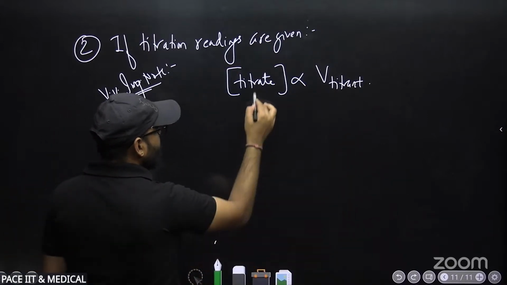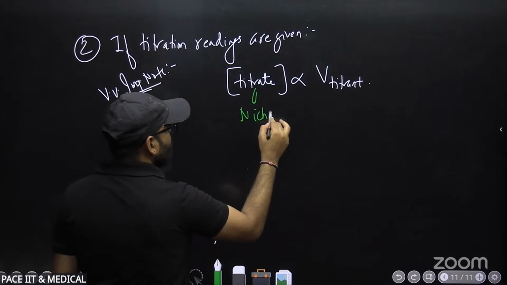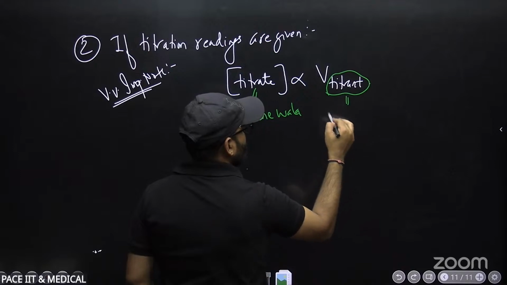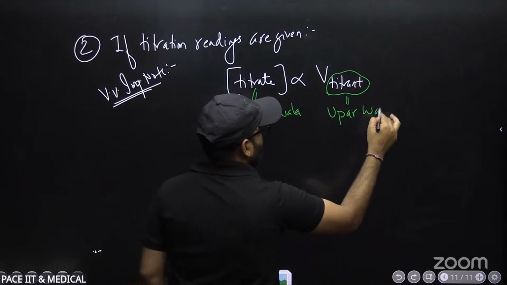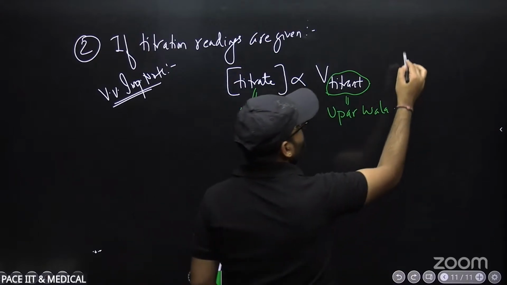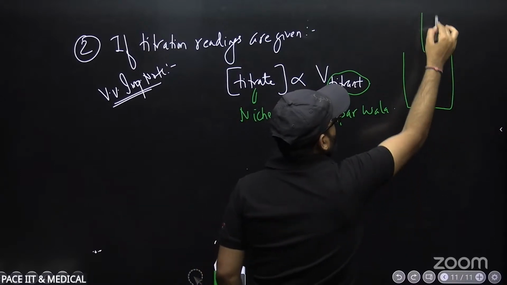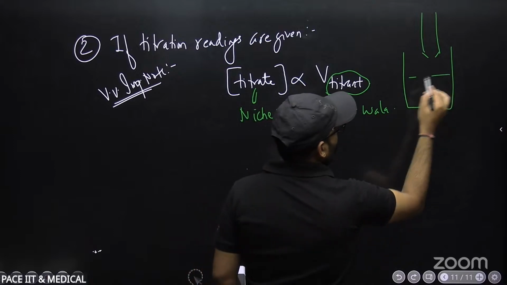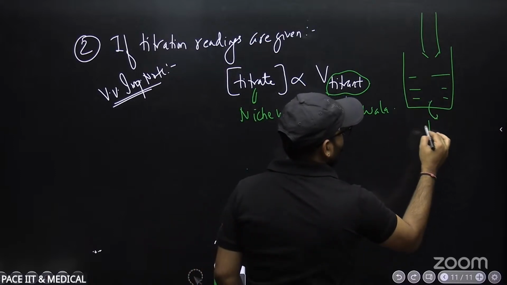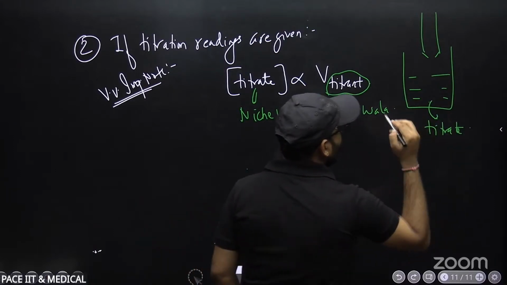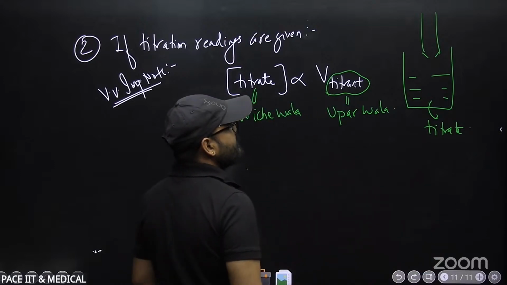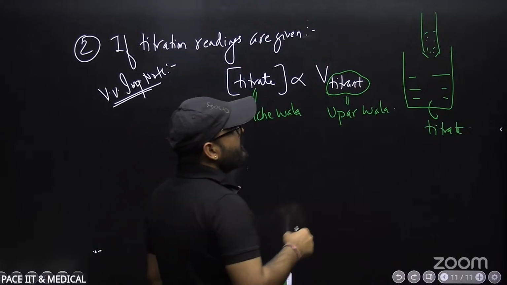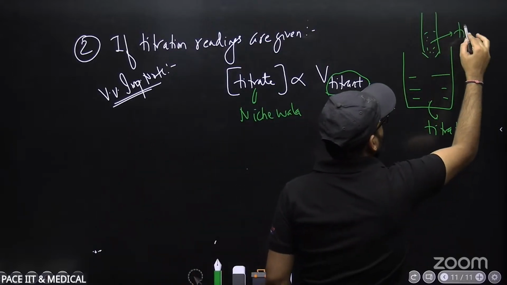What is titrate? This is the lower one, and this thing is the upper one. What is the upper one and the lower one? You know the titration. Those of you who have gone to the lab must have visited it. So this thing is the lower one. This thing is the titrate: what is below, which is being titrated, is known as the titrate. And what is doing the titration, which falls drop by drop from above, that thing is known as the titrant.